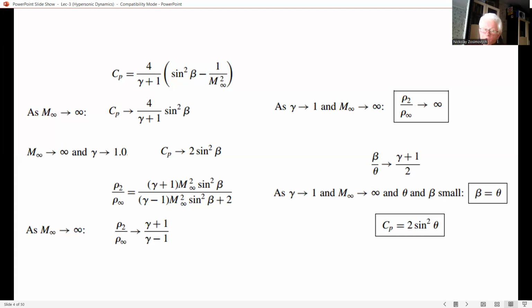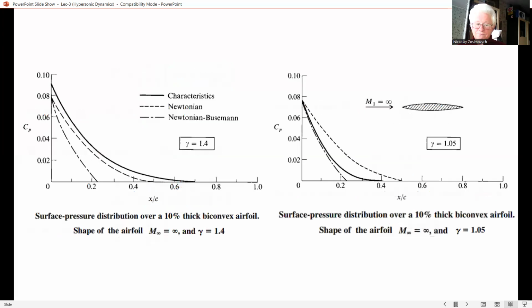So, therefore, we make the following conclusion. The closer the actual hypersonic flow problem is to the limit of very high Mach number, and when gamma becomes 1, the closer it should be described physically by Newtonian flow.